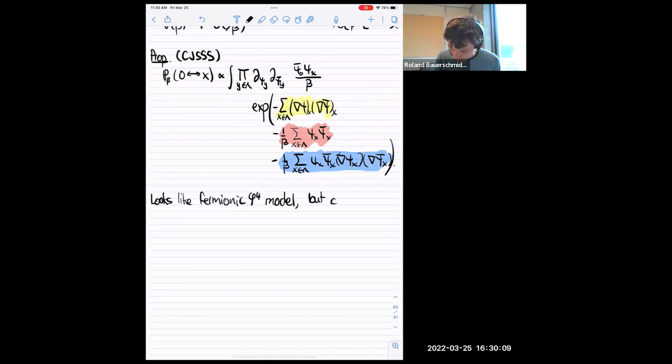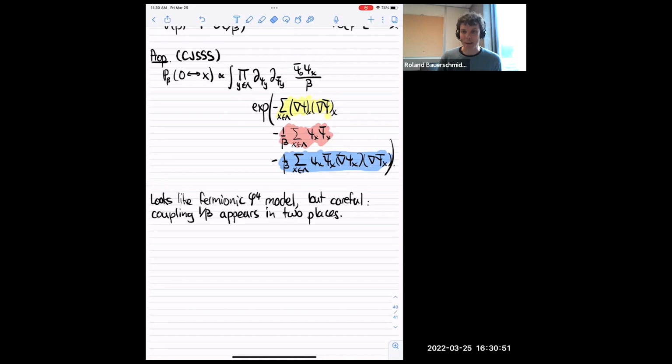But there's an important point. The coupling constant, 1 over beta, is the same that appears in 2 places. So if the coupling constant in front of the interaction term was much smaller than the coupling constant in the mass term, then it would be a standard application of a cluster expansion to show that correlations decay exponentially.